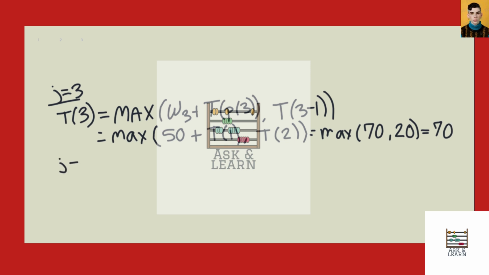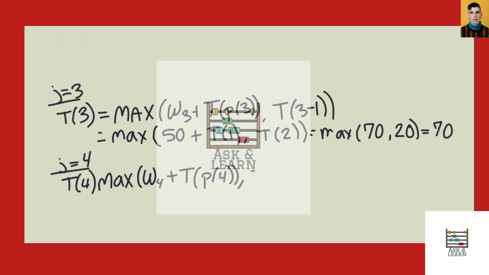Great, so for the case where j is equal to 4, again, we're going to take the maximum of the number of people going to lecture 4, as well as the folks attending the compatible talks, or the total number of people that could attend from the previous round.